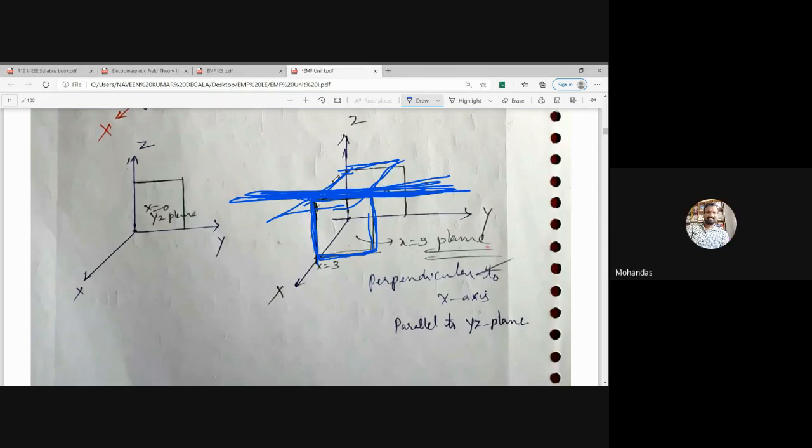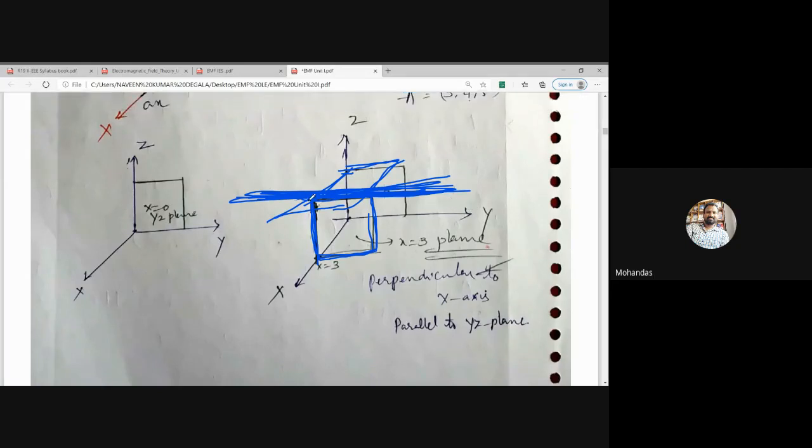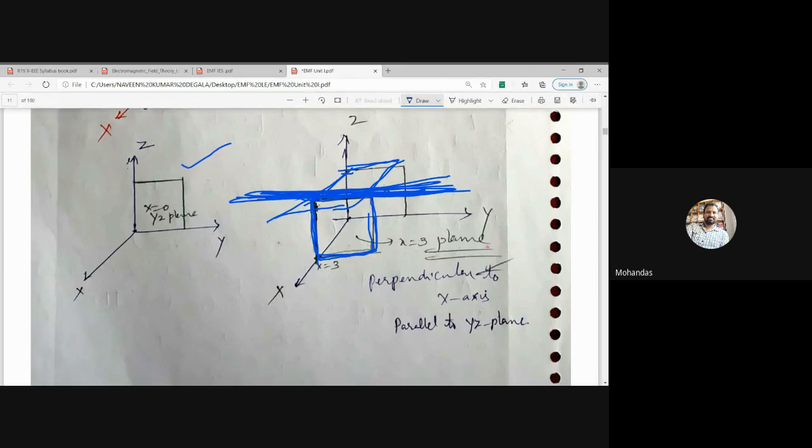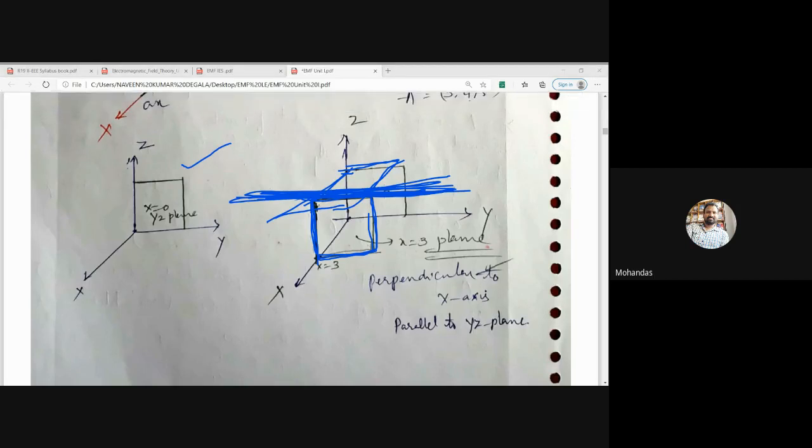As y is missing, the line is compulsorily parallel to the y-axis, such that you should understand. This beginning class is very, very important to solve the problem. After completion of this, let me solve the problem here.